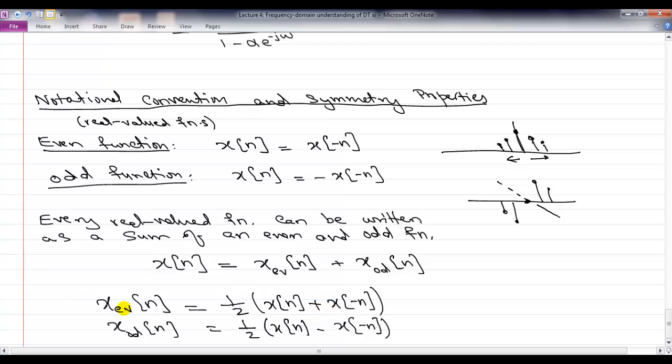You can verify that this x even[n] is indeed even, x odd[n] is indeed odd, and if you add them up, it's trivial to see that it becomes equal to x[n]. So every real valued function can be written like this.